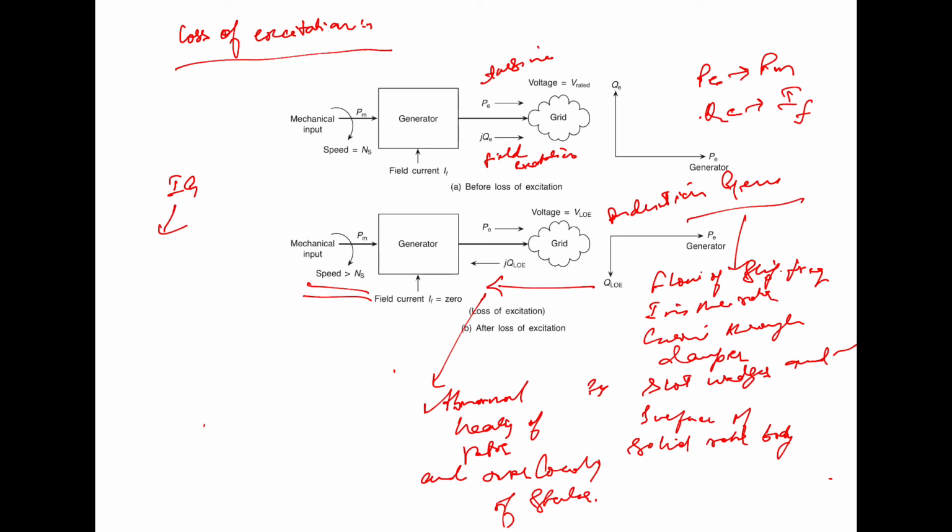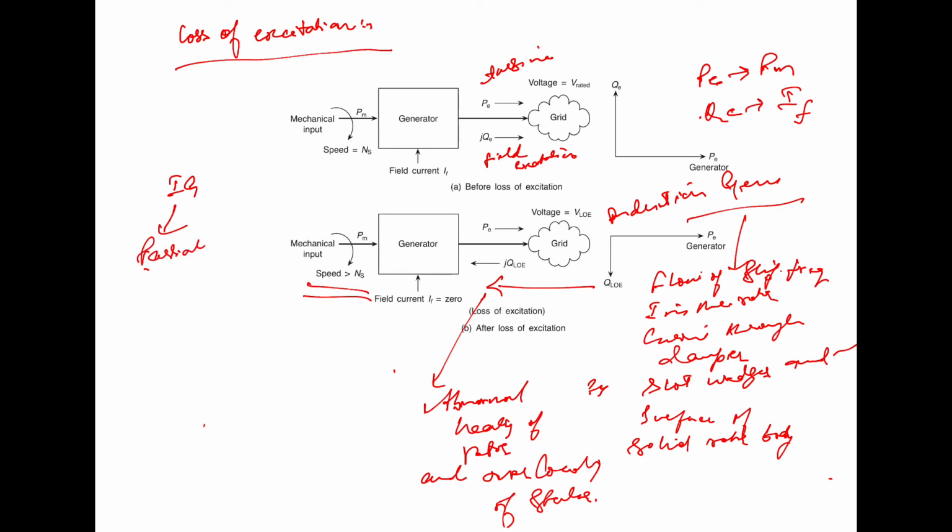Now, if the grid is able to meet the reactive power demand only partially, then in that case it would be reflected by a fall in the generator terminal voltage.